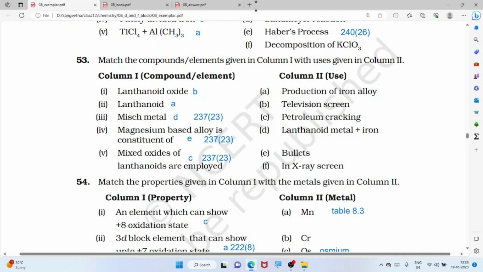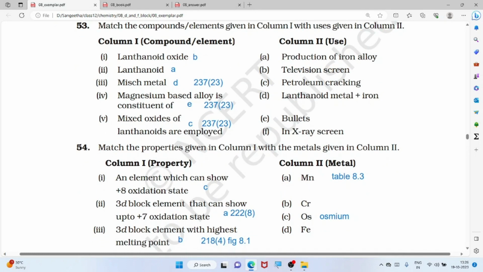Column 1, this compound, and what are the uses of these compounds? Okay, lanthanoid oxide, television screen. Okay, lanthanoid, production of iron alloy. Okay, these things in 23.